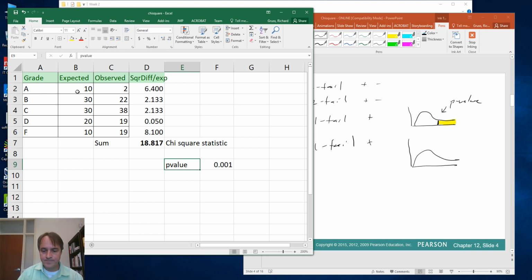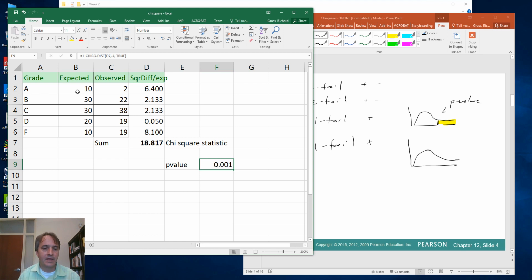So this is roughly how it works. Anytime we have a distribution and we want to compare whether observed values are close to expected values, we're going to do a chi-square test. We're going to compute that chi-square statistic, which is the sum of all the squared differences divided by the expected values, add them all up, and find the p-value.